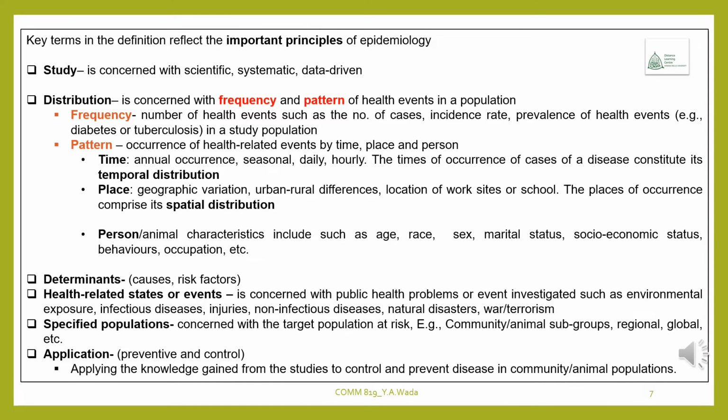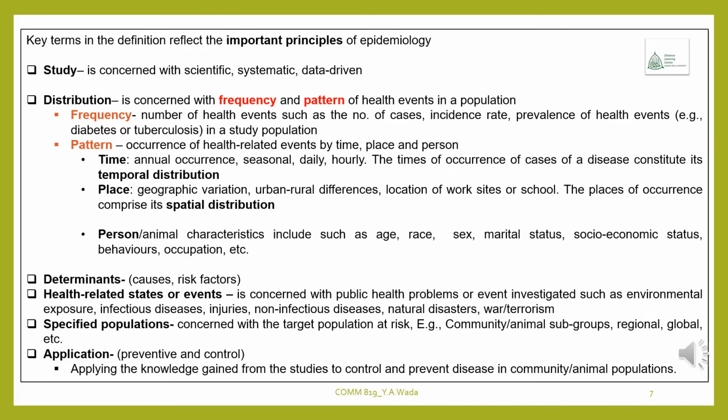And the pattern usually is classified into two: we have the time pattern and we have the place pattern. The time pattern usually tells us when the disease came up, while the place tells us where.